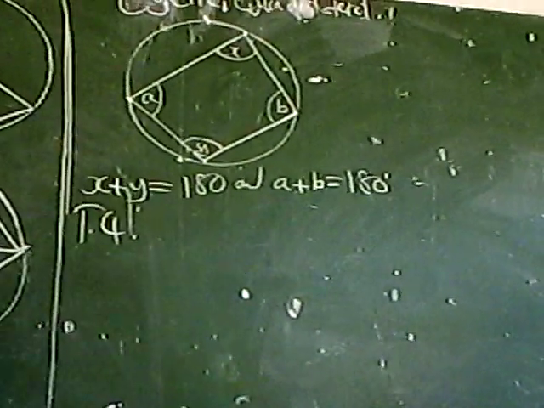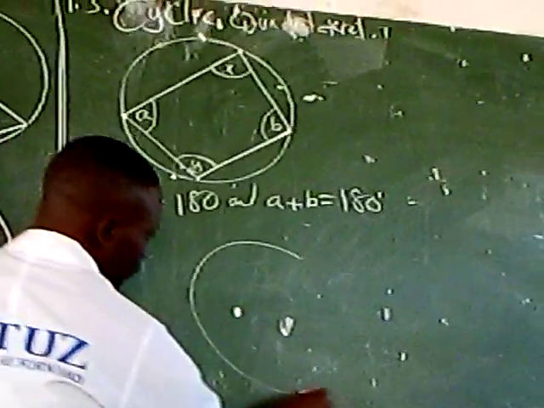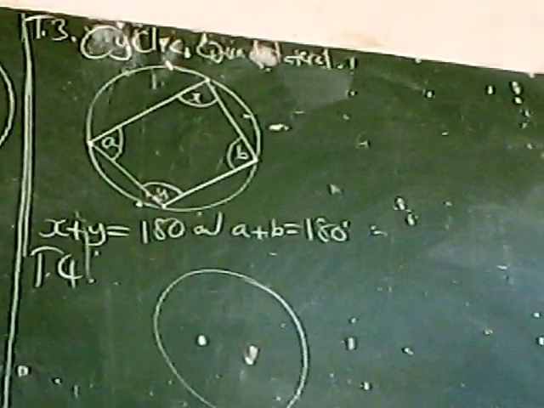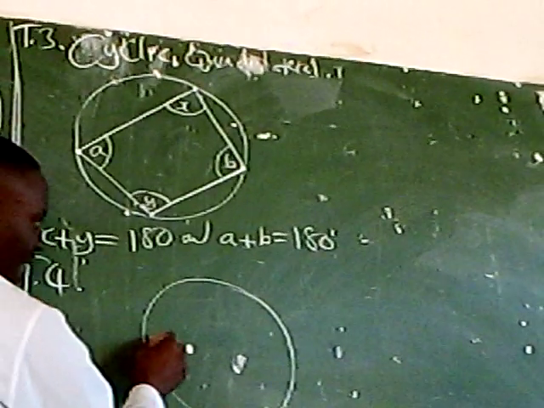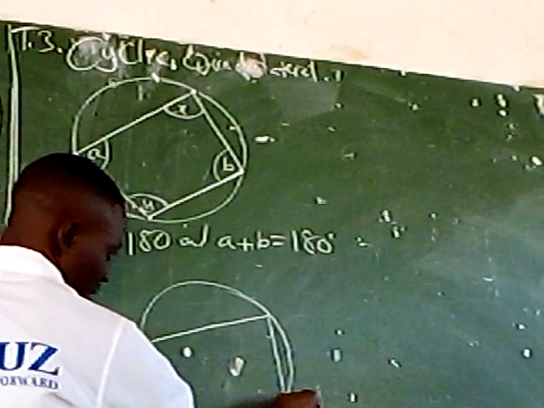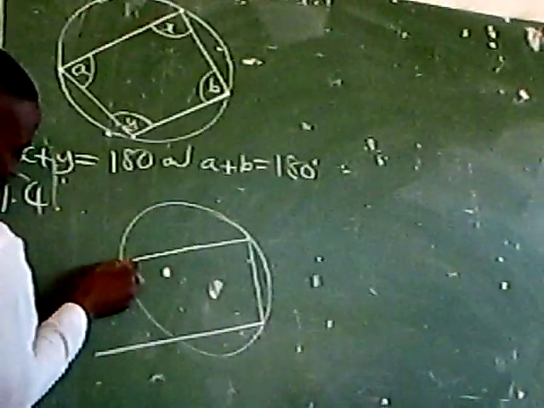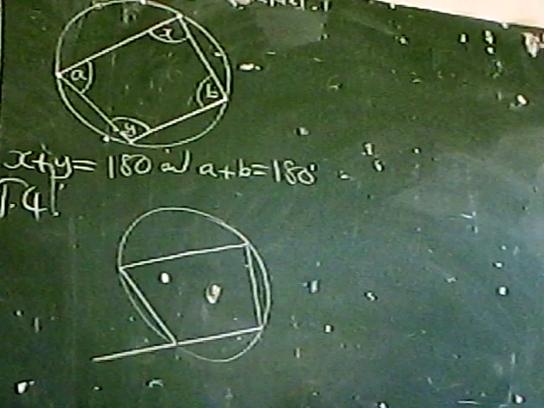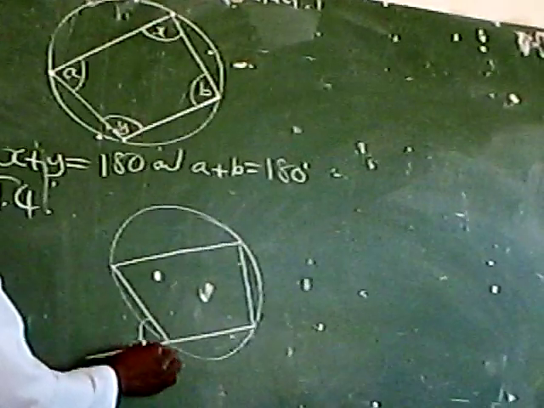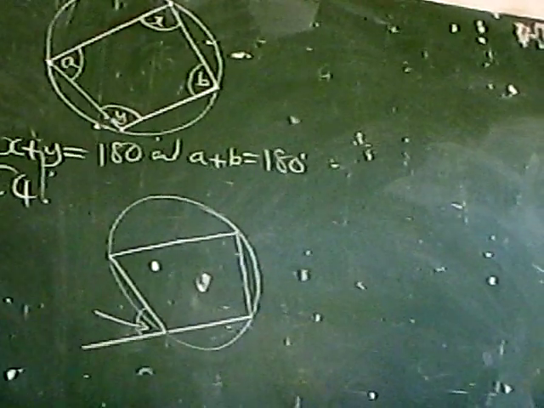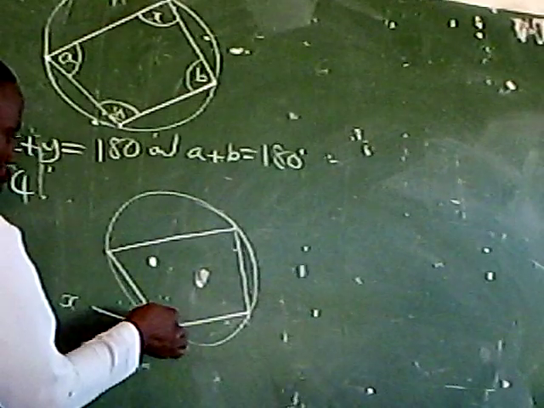Theorem number 4, I could bring something like a circle. Now this time around, I have a four-sided polygon once again, which is a quadrilateral, but something is special in this one. Because what we are seeing actually is that we have the exterior angle. Take note. So this exterior angle will be equal to the interior opposite angle.